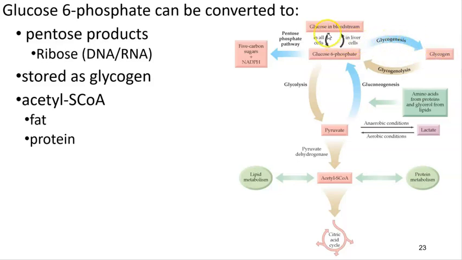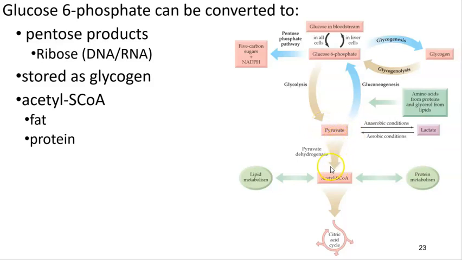We can also break that down through glycolysis into pyruvate, and we'll talk about this interaction between pyruvate and lactate. And so glycolysis can break that down. We can get some energy out of that.